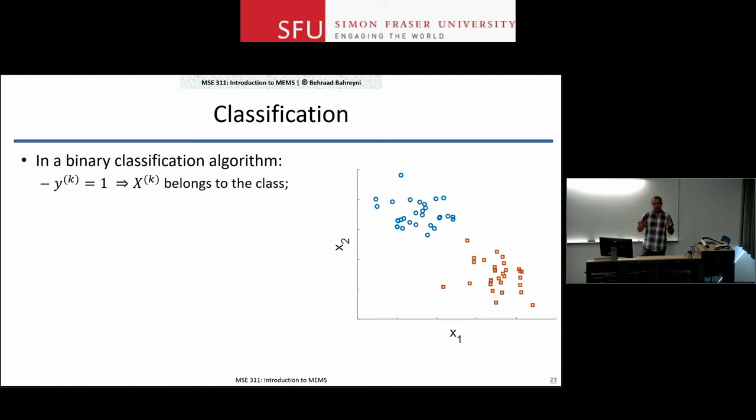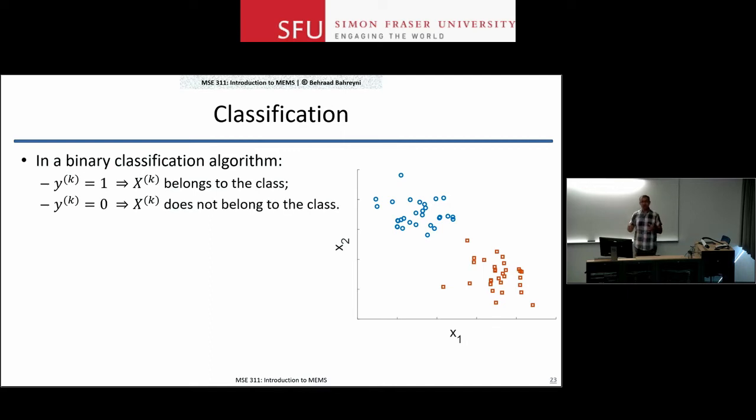So the goal is that, for example, y identifies class 1 and 0, or something belonging to a class. If y is 1, it's true, it's, let's say, yes. It means that if y is 1 for a set of features, that particular sample belongs to the class that we are talking about.